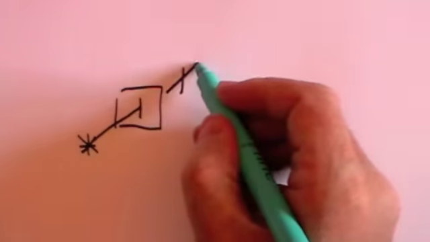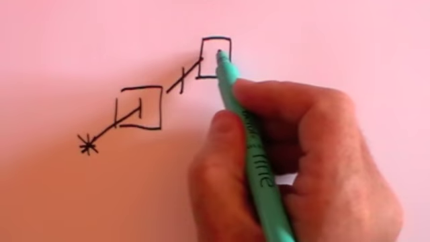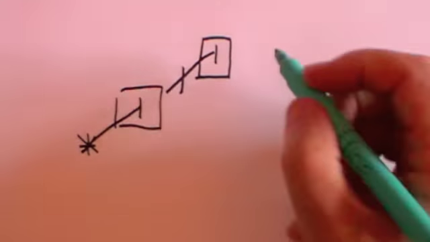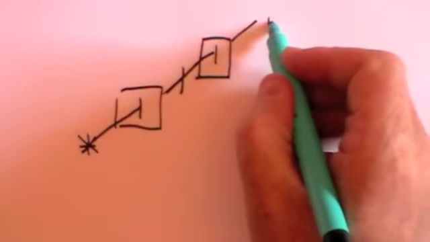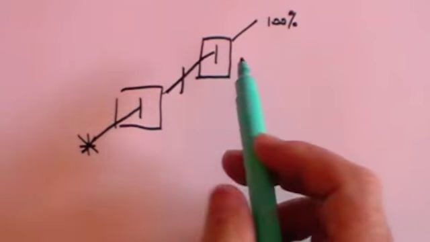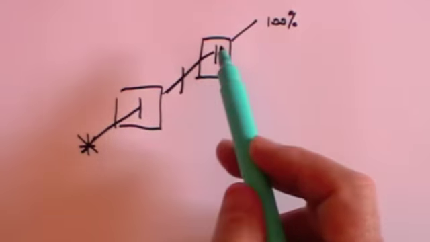If you then send it through another polarizer, which is also vertically polarized, then all of the light gets through, 100% of it, because the polarizer is in the same direction as the light that is polarized.